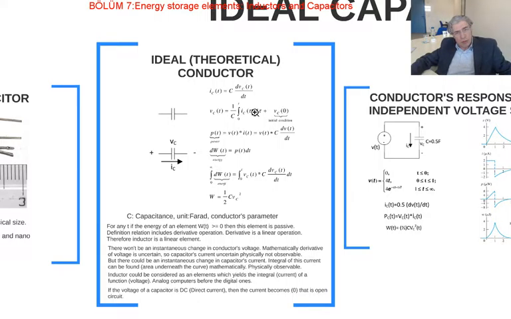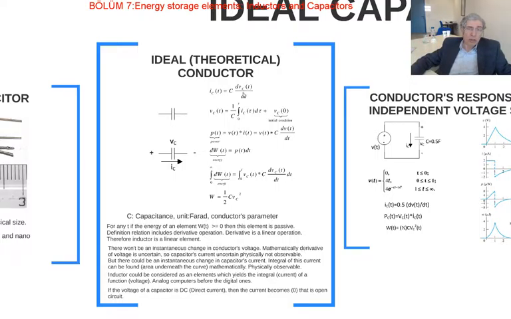By just looking at these definition relations, there are so many things that we could say. Another thing that we could say is that an instantaneous voltage change cannot happen for capacitors. Why is that?